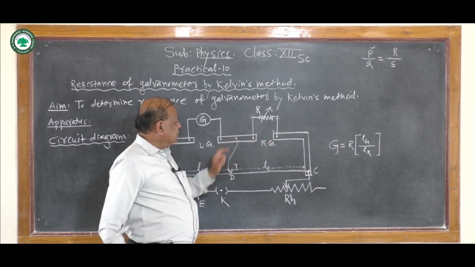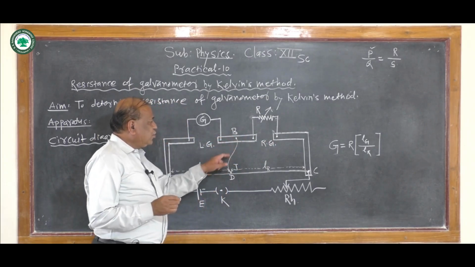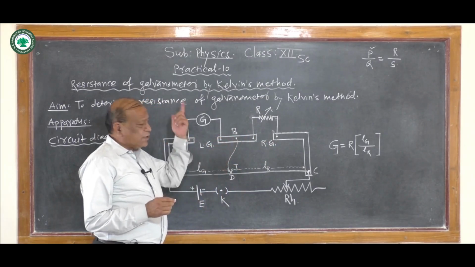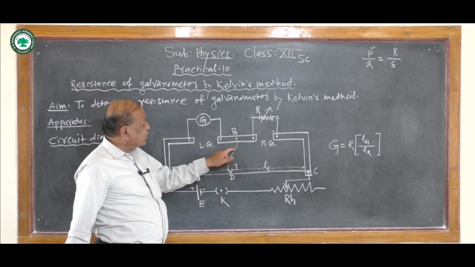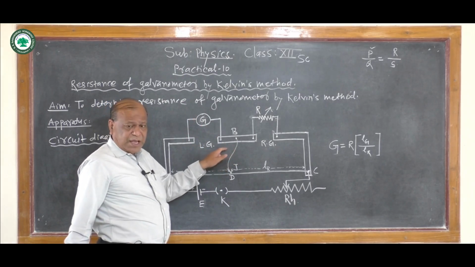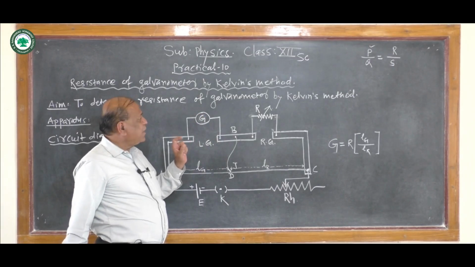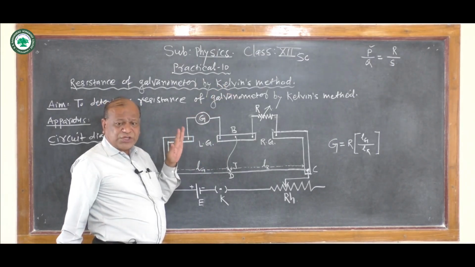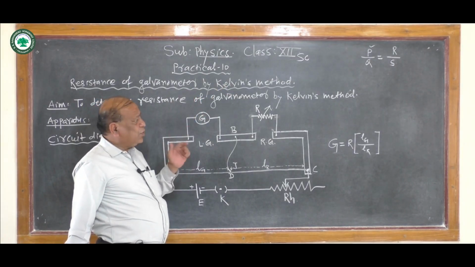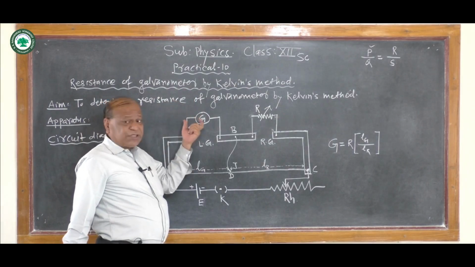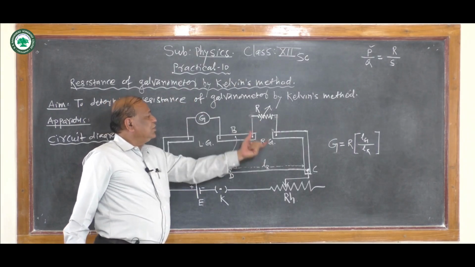And here is this point V and this is the jockey. There is no instrument here. But in the case of verifying the series and parallel combinations, the galvanometer is connected here, and we get the deflection 0, that is the balancing condition, and using that formula we calculate the unknown resistance. Now here we have to calculate the resistance of this galvanometer, therefore it will be used in this manner.